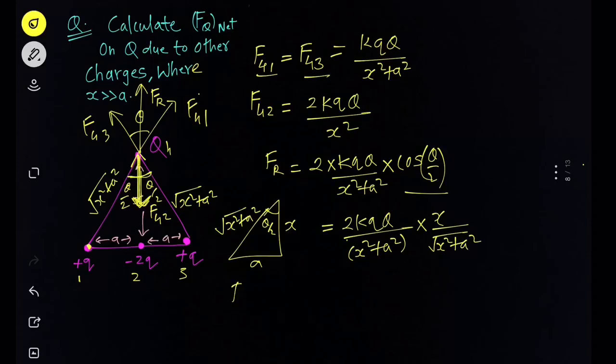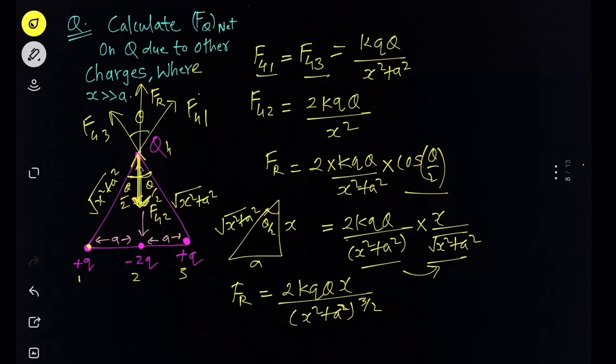So we can write FR as 2kqQ multiplied by x divided by x square plus a square to the power 3 by 2. Here it's a multiplication, so the powers get added, and the final power is 3 by 2.